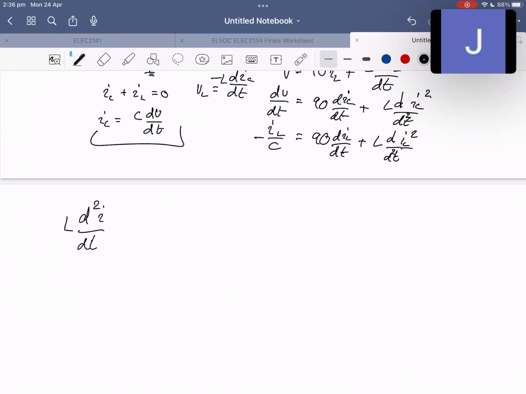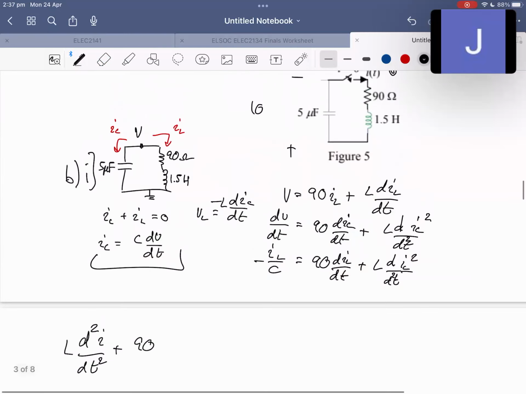I'll just write I because it's the same thing. I keep writing the two in the wrong spot.